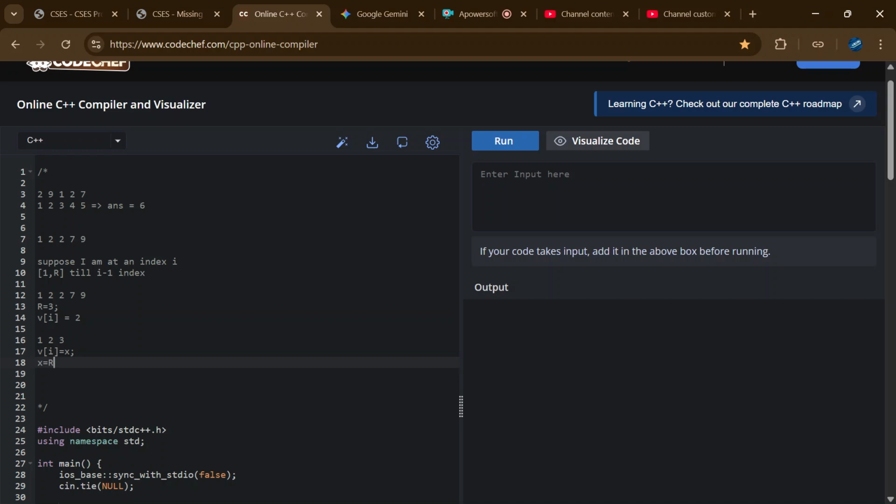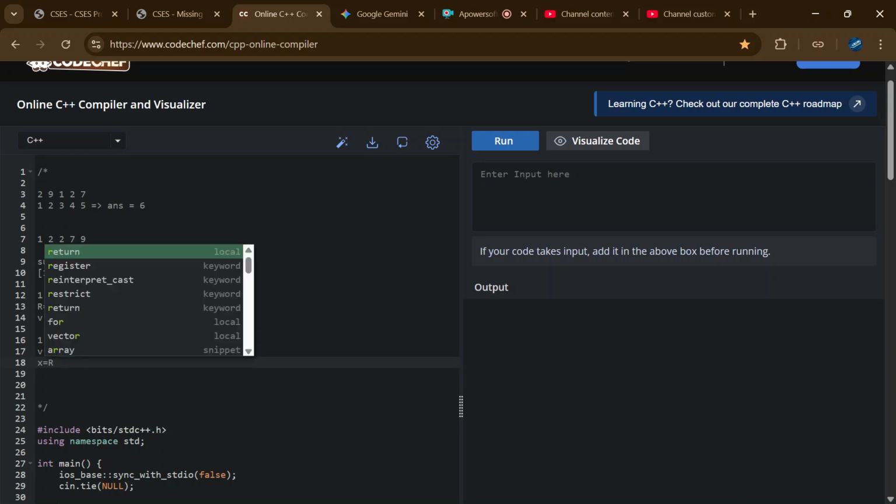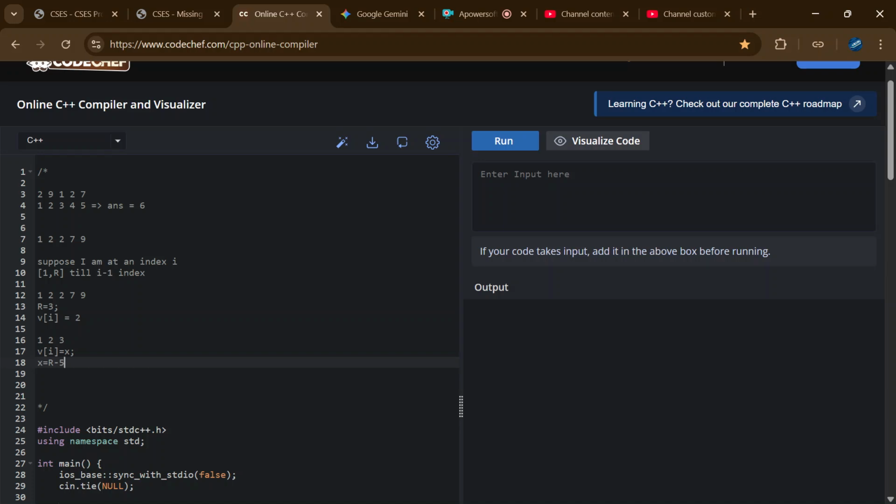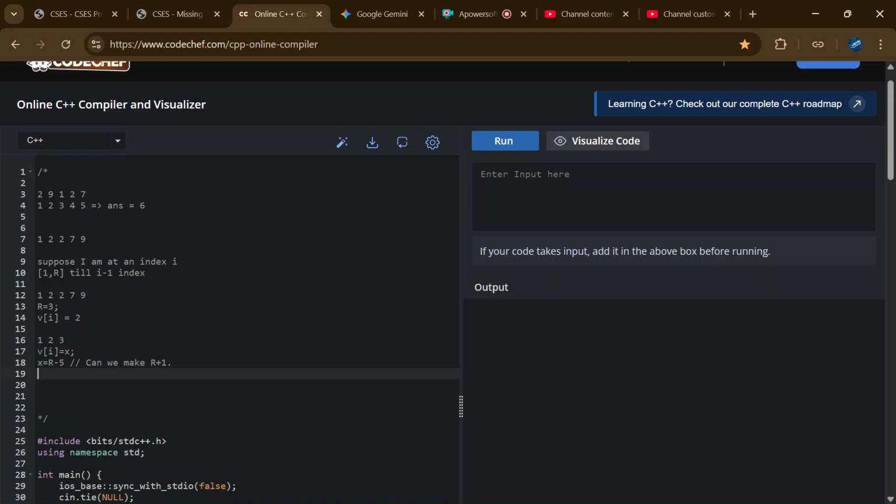Suppose it was r minus 5. If x would be r minus 5, could we make r plus 1? Think about it.